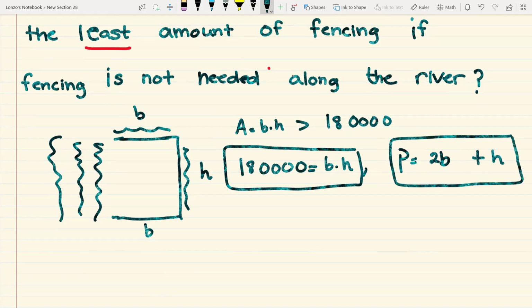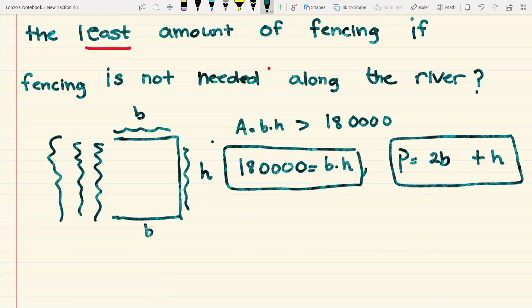Then what you're going to do next is substitute one into the other. So what should we do? Let's use this equation and solve for b, because that'll give us everything in terms of h, and then we'll plug it into this equation.